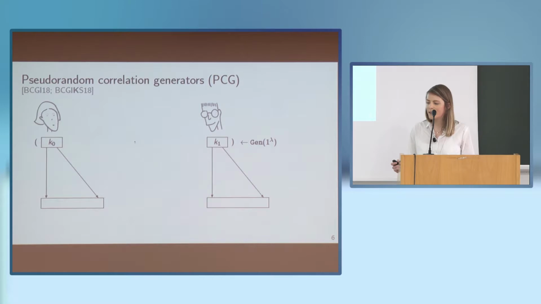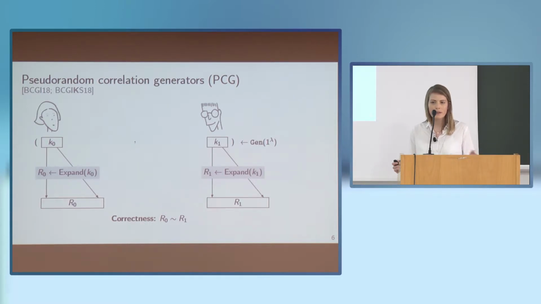Now I talked about why it's useful and roughly what it is, and a bit more formally, how a pseudorandom correlation generator is defined. You have a key or seed generation algorithm that gives you keys that you can then locally expand, as I already said, via an expansion algorithm to long strings.